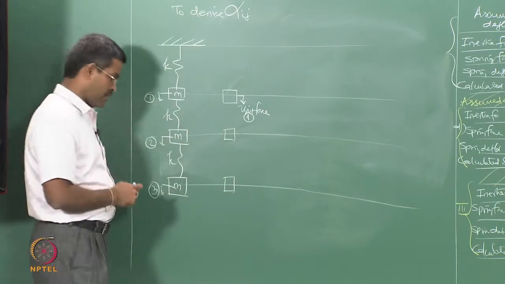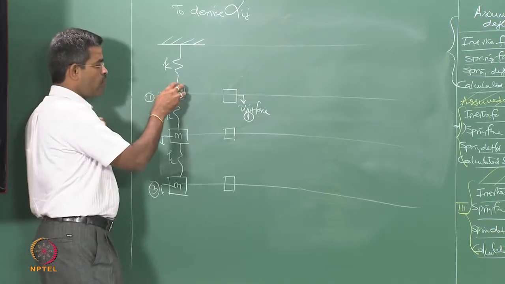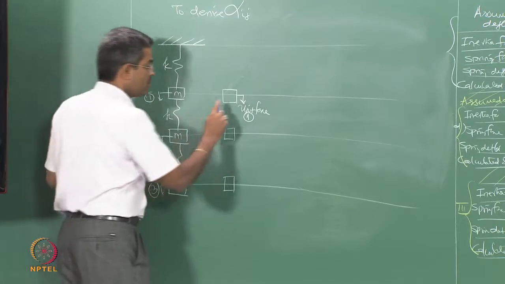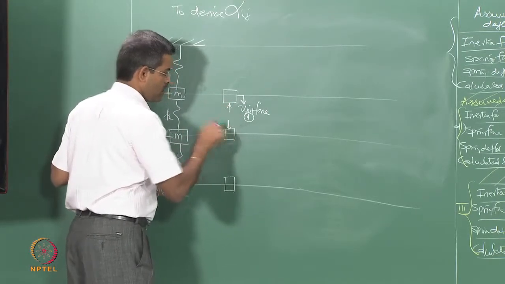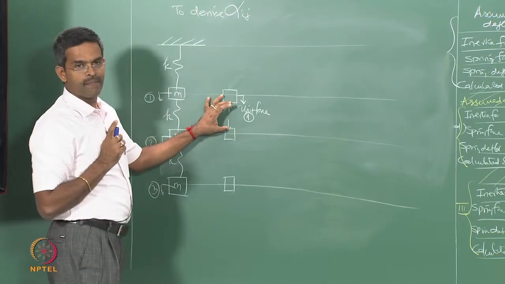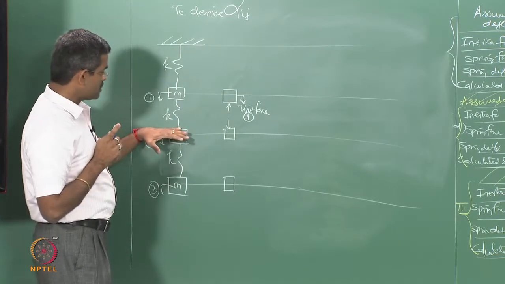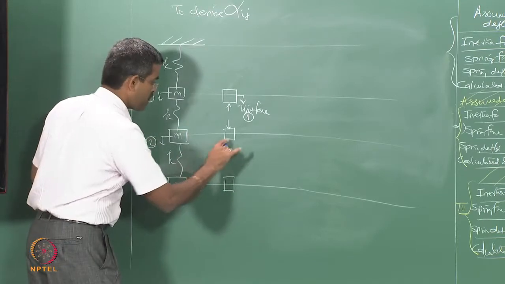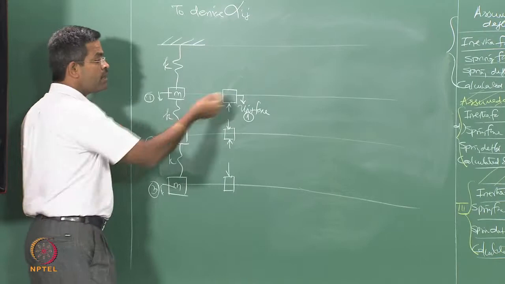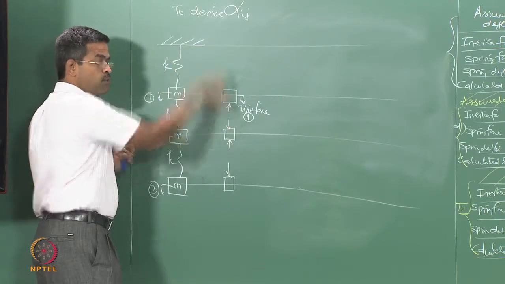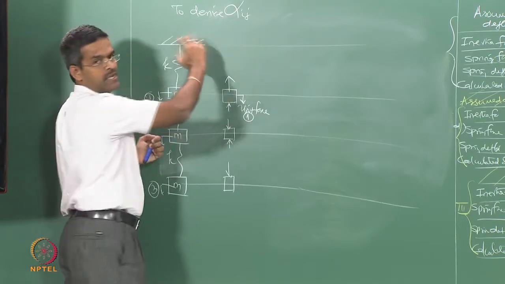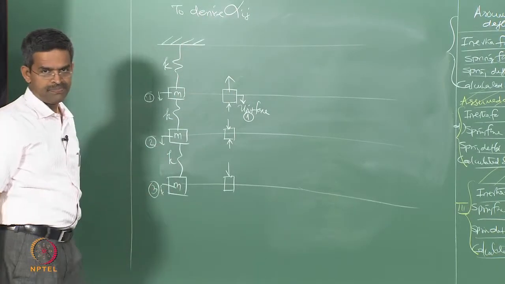Please understand this carefully here. So, when this mass is moving down by a unit force, this spring will try to push the mass up. So, I mark the arrow in this fashion. It is always marked as a pair. Okay. When this mass moves down further, again this spring will try to push it up. So, I am marking it as a pair. When this mass goes down, this spring will try to pull the mass up, I am marking it here. Of course, here there is no displacement, it is a fixed line, so I do not need any connection here.